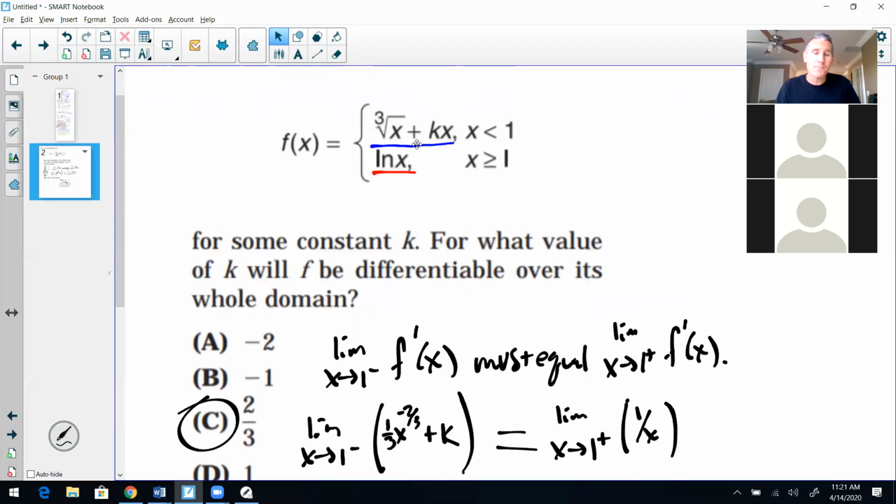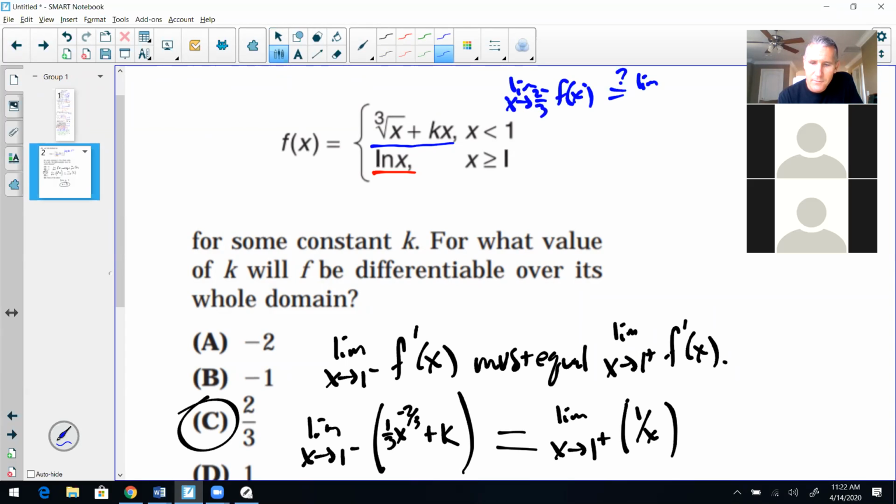So when I plug in 2/3, we look at the limit as x approaches 1 from the left of f of x, and we're saying, is that equal to the limit as x approaches 1 from the right of f of x, with k being what we just found it to be, 2/3. Okay, so let's check this out.